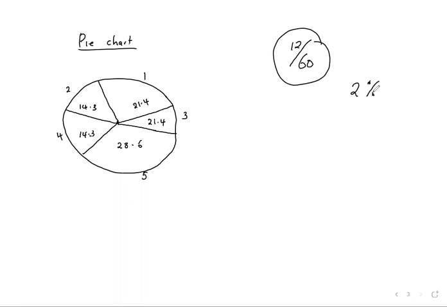And calculate. How do you calculate? You say 12 over 60 multiplied by 100. So you divide 12 by 60, multiplied by 100. No, it's not 2%, but 20%. That's how you get the percentages.